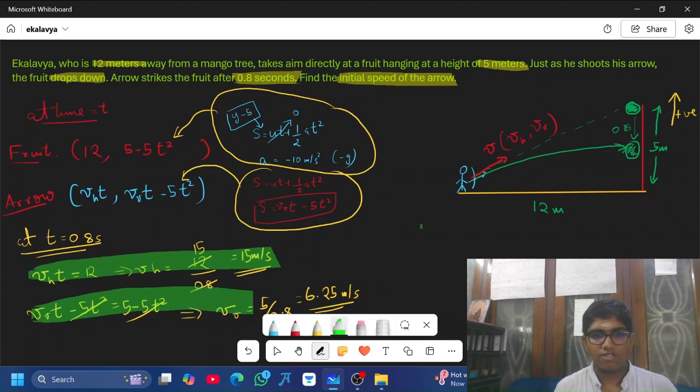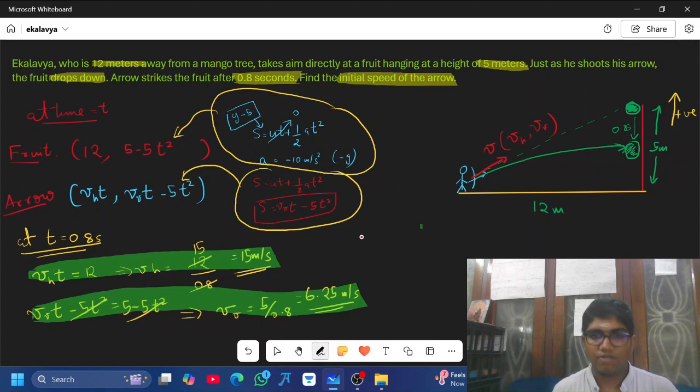This is our answer, and if you are asked to calculate the velocity, the magnitude of the initial velocity will be root of the sum of squares of the components, Vh square plus Vv square. You can substitute the values and find the answer. So this is how you solve this question. Bye.